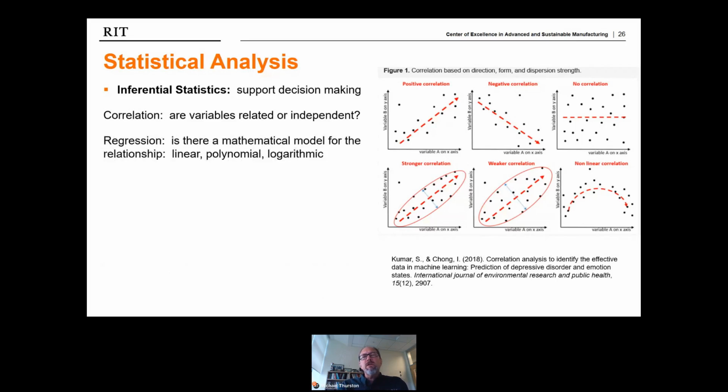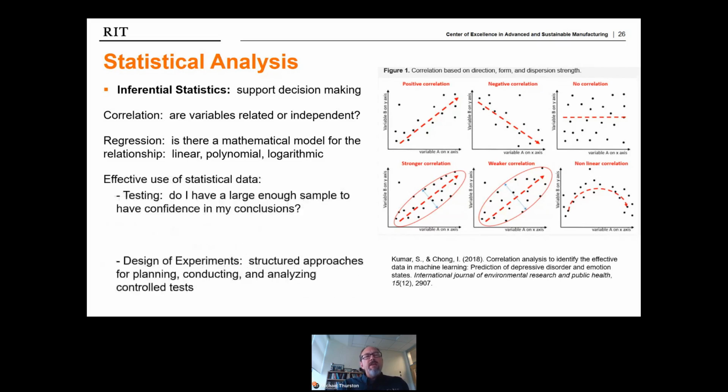So we talked about the shape of the correlation. Regression is a tool that we use to model that relationship mathematically. So linear regression, or we may use polynomial or quadratic type regression, or exponential or logarithmic. But it puts a mathematical formula to the data that can be very useful in modeling.